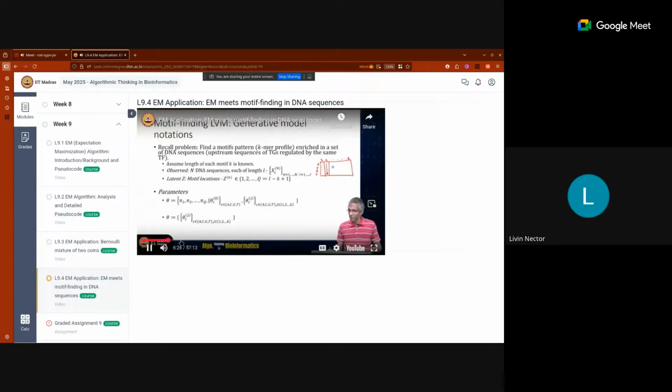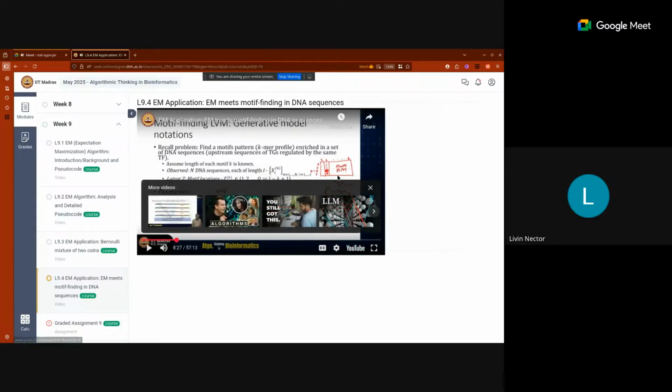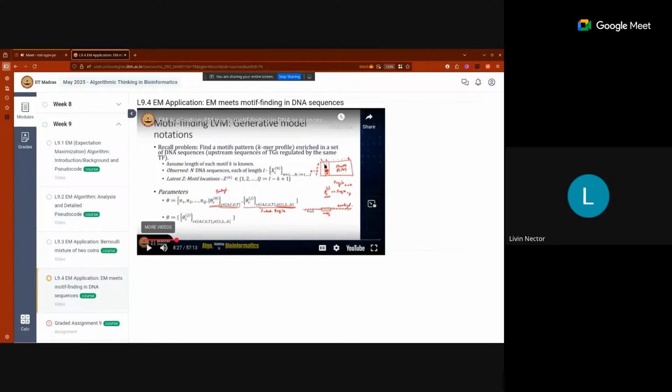Here, the binding probability, the probability for a motif to bind at a particular location, is given with the profile, it's a table. So these are the parameters for this motif. Here, instead of having two coins, we have different positions.